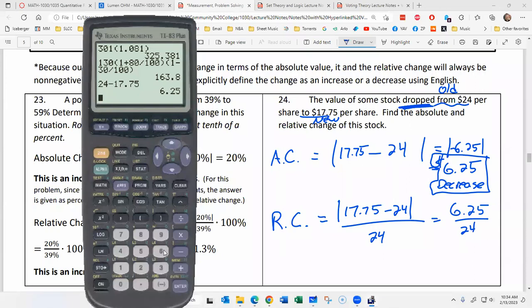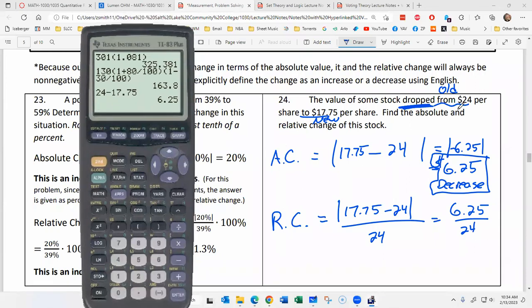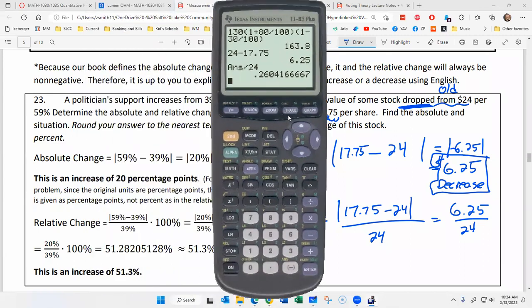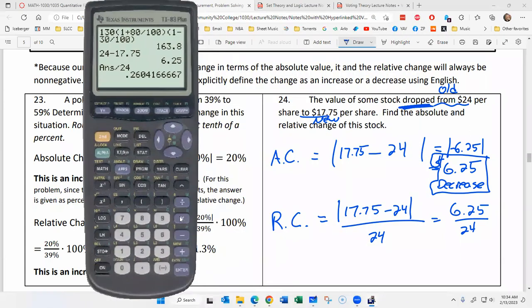But you divide by the original value, and that dividing by the original value puts this into perspective. 0.26. And as a percent increase, percent decrease, let's multiply by 100.